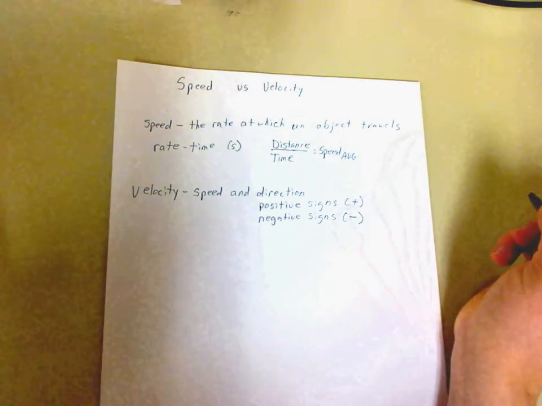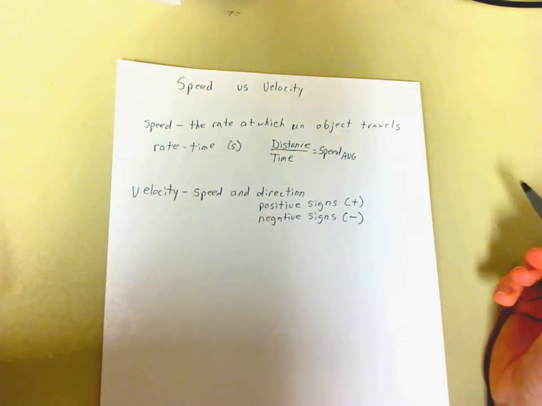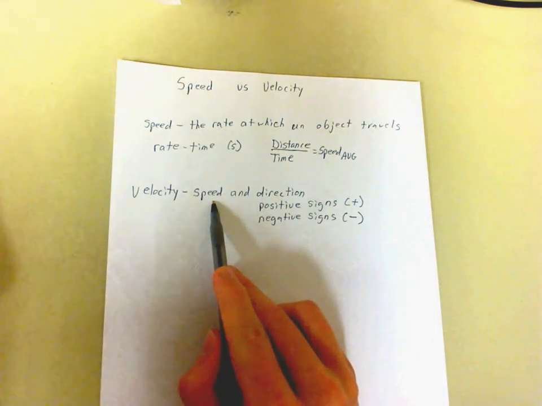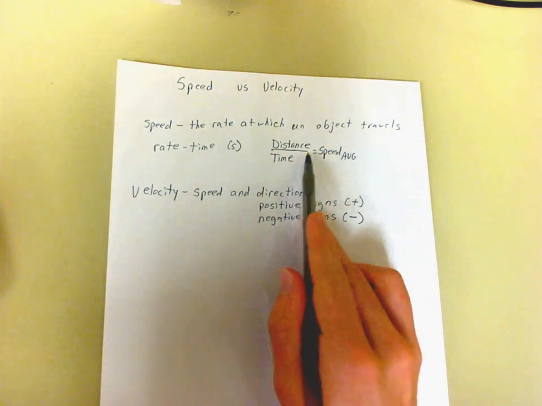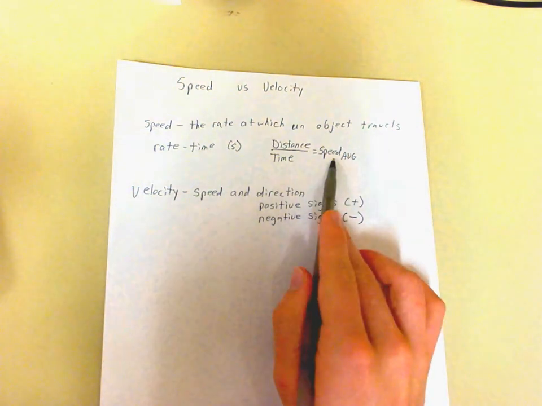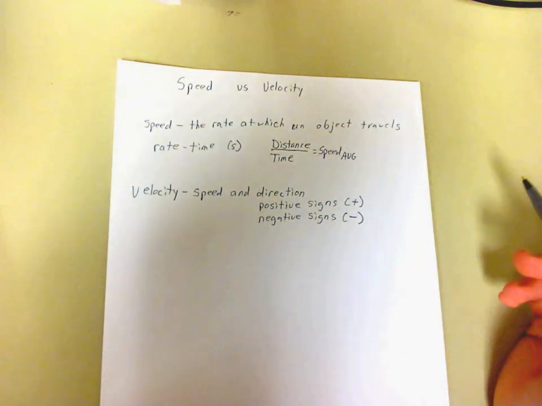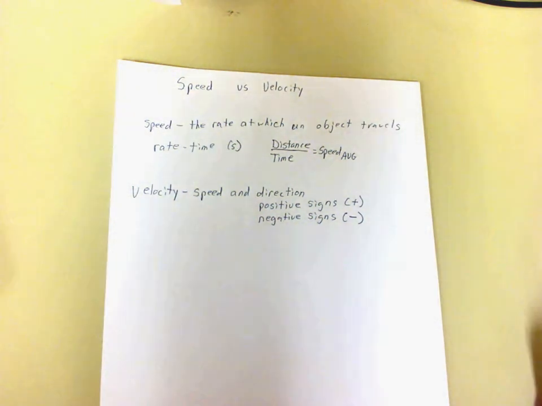So how do you calculate velocity then? Well, part of it is speed. And so all we have to do is remember the average speed. Typically when we just say speed, we mean the average speed, because we're just talking about it in terms of the total time it took, the average velocity that you took.